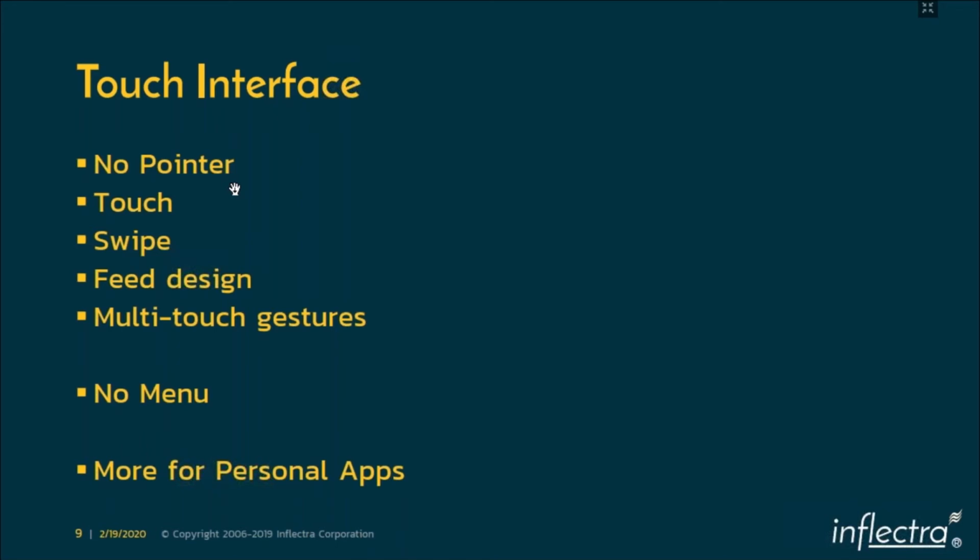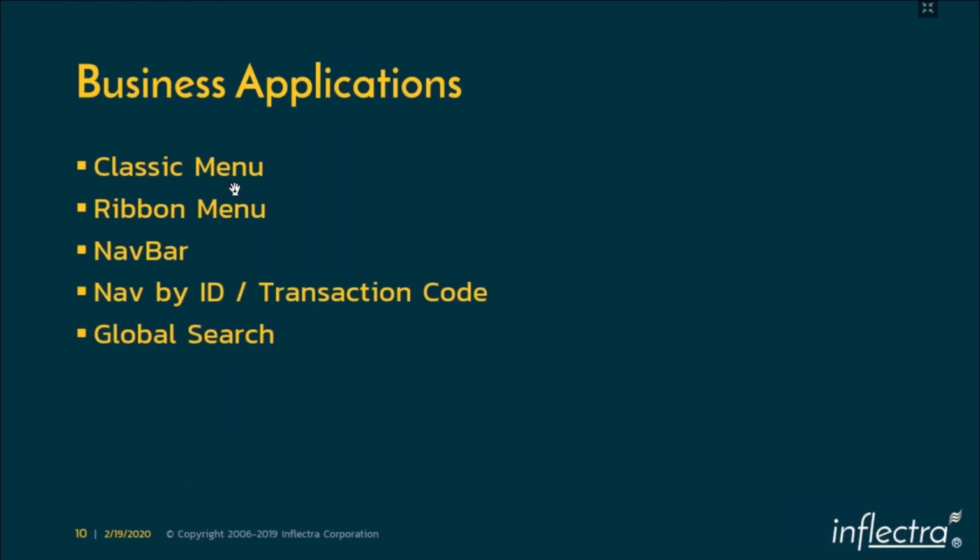But for today, we mostly talk about business applications. And for business applications, in most cases, the primary device that's used with these applications is still the desktop. A desktop usually has some kind of more or less classical user interface, and in most cases we have a menu or some navigation things.